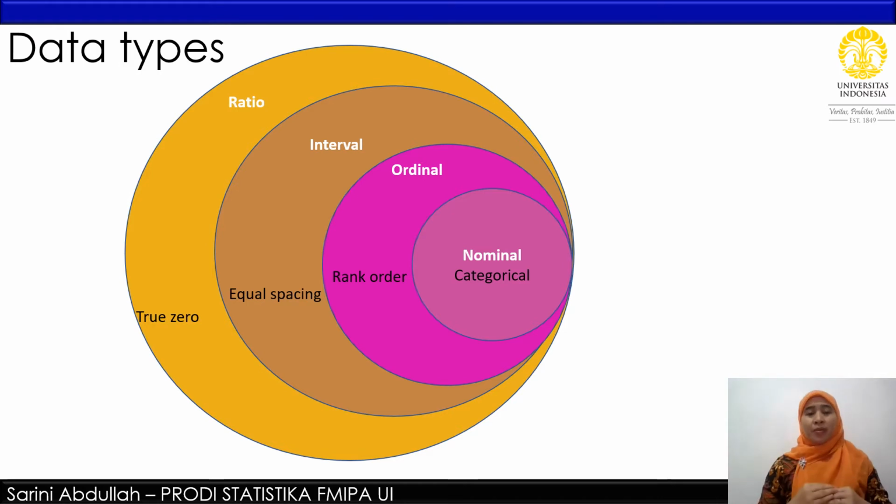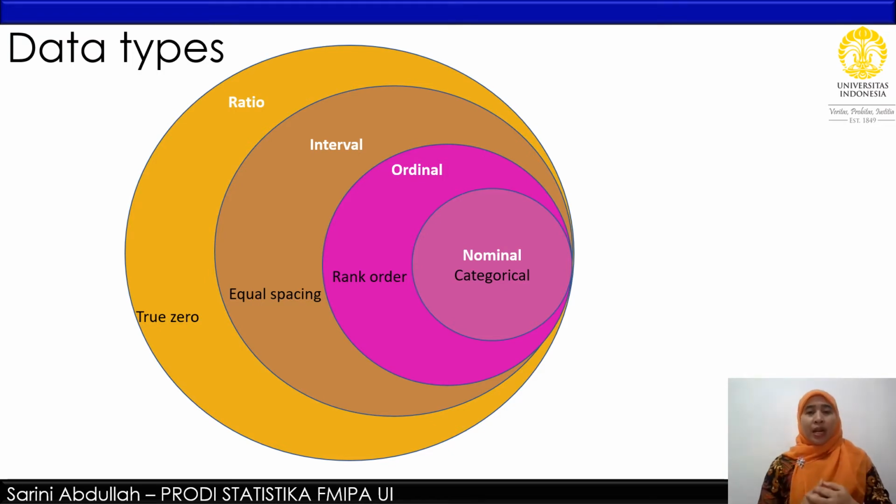It has an absolute zero, so that's why for ratio scale data, we can do any kind of mathematical operations, for example addition, subtraction, division, multiplication.